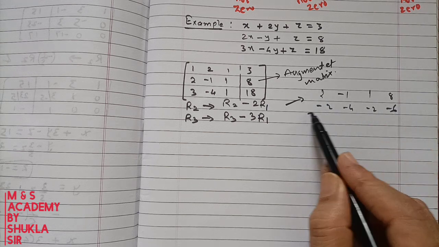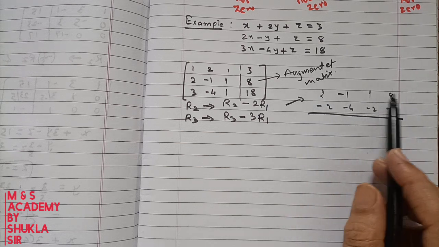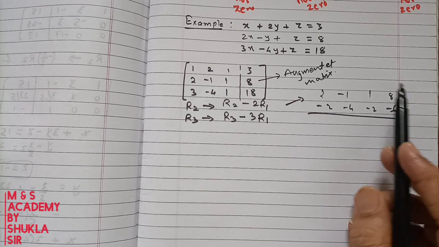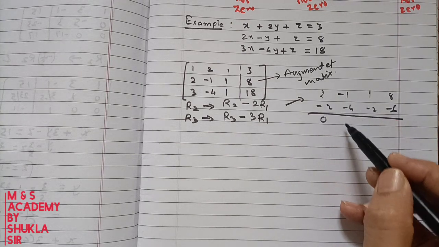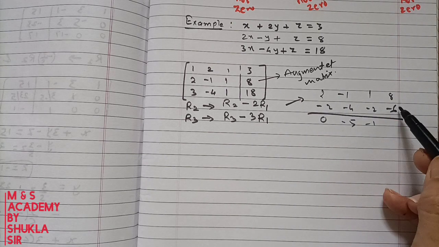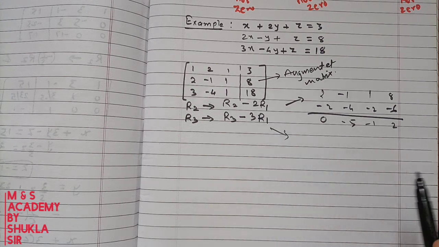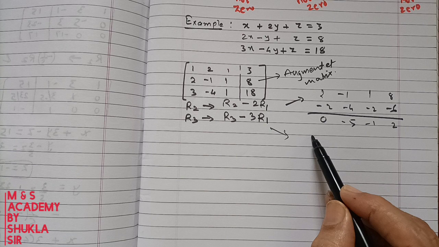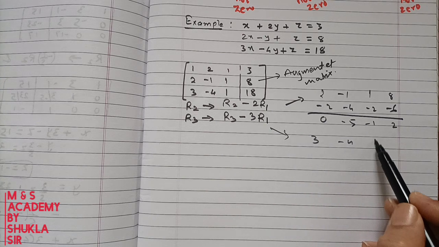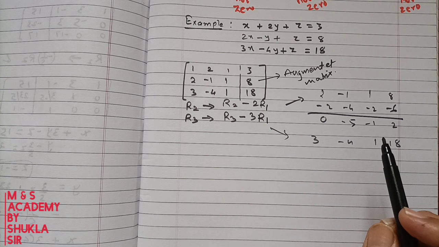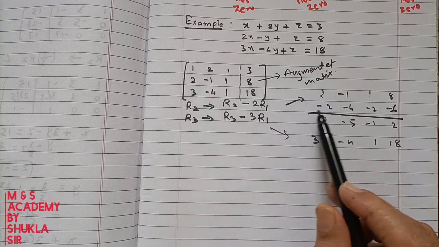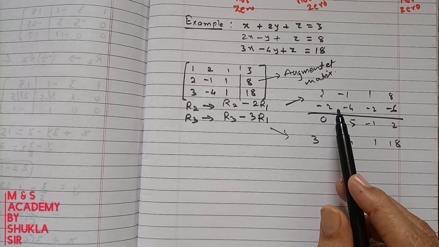This is rough work, not related to the solution part, but it helps. So this is 0, this is minus 5, minus 1 and this is 2. Now by using this we can just say 3, minus 4, 1, 18, and then by multiplying we'll get the same element 2.